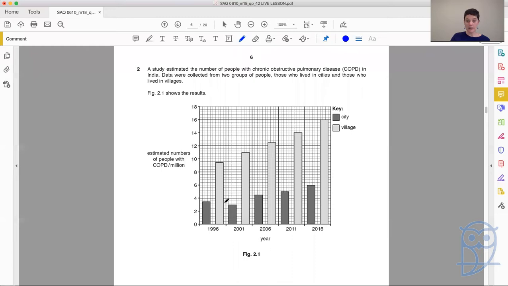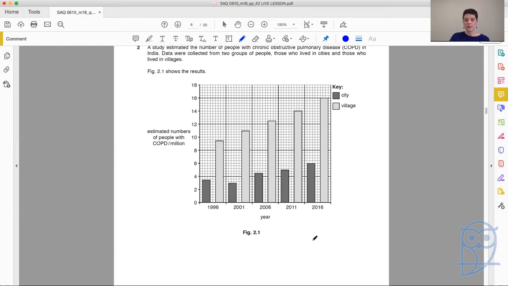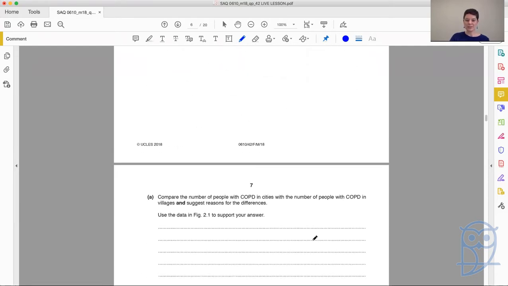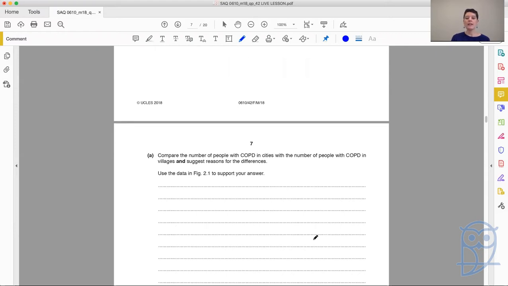Here's our city down here in the dark and village up here. It's going up quite steeply between 1996 and 2016. So we've got a good idea of what's going on in our graph. We head towards the question. Compare the number of people with COPD in cities with the number of people with COPD in villages and suggest reasons for the differences.